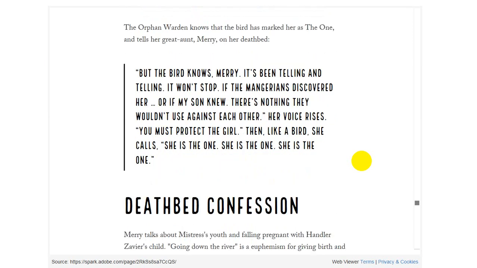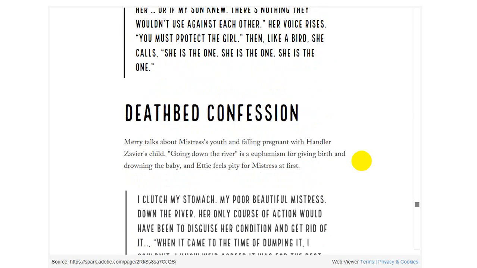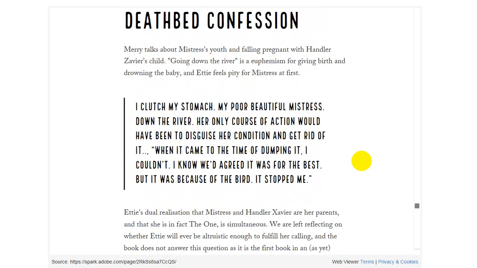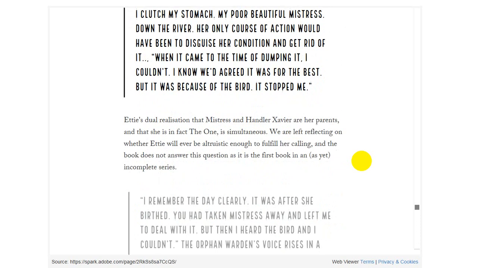The orphan warden knows that she's the one and tells Mary on her deathbed, and makes her promise to protect her. But you get the feeling that Mary isn't going to do that, despite her sister's deathbed confession about keeping Mistress's illegitimate child with Handler Xavier, and instead of murdering her, they took Mistress down the river, which is a euphemism for giving birth, and that's where they should have killed Mistress, killed Etty, sorry, but they didn't, or at least the orphan warden didn't.